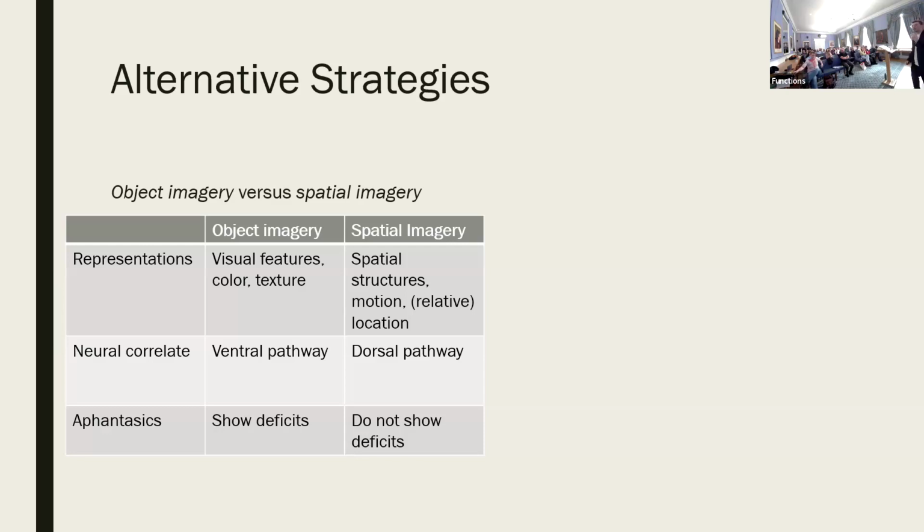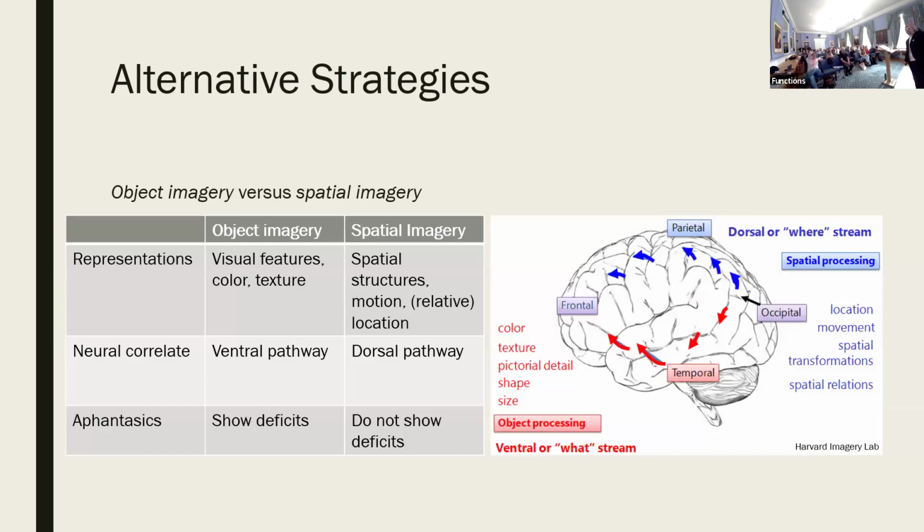Spatial imagery, on the other hand, represents spatial structures, motion, and the relative location of objects. The interesting thing here is that there's a different neural correlate for each of these types of imagery. Namely, in the case of object imagery, it is the ventral pathway, and in the case of spatial imagery, it is the dorsal pathway. Here's a little graphic for you to look at.